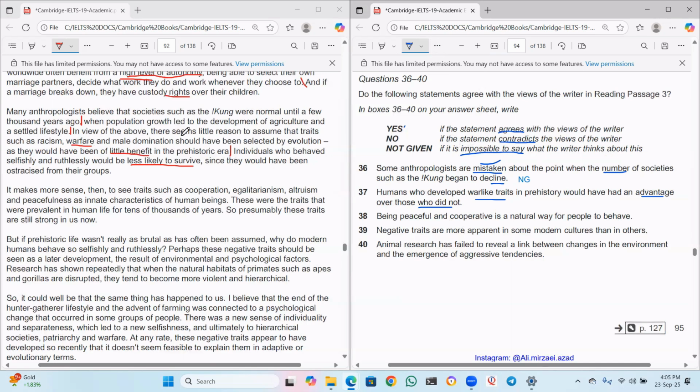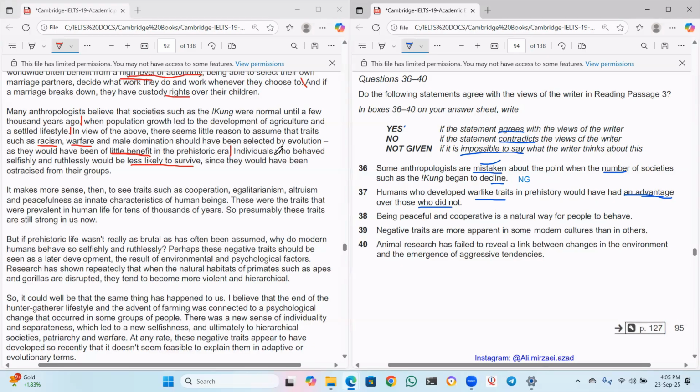In view of the above, there seems little reason to assume that traits such as racism, warfare, and male domination should have been selected by evolution as they would have been of little benefit. Little benefit means no benefit in the prehistoric era. But here it says would have had an advantage. No, sir. It is not an advantage. It is a disadvantage for the individuals.